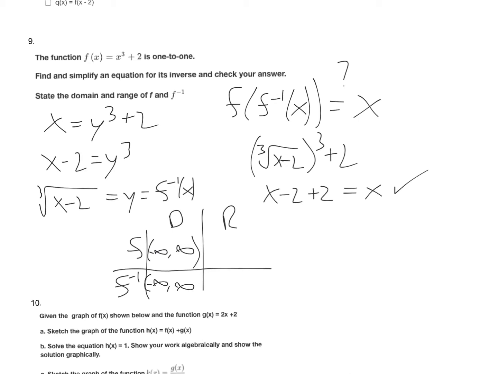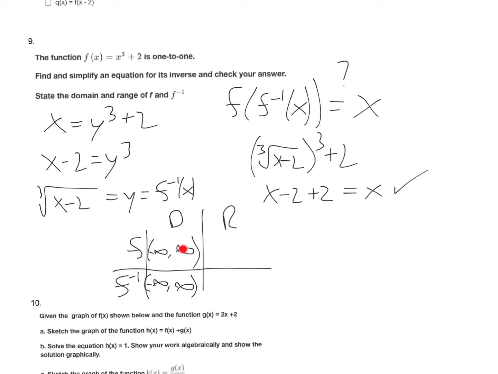infinity to positive infinity. And then for the range, it's just a matter of remembering the relationship between the original function and the inverse. The first thing we do is we switch our inputs and our outputs. We switch our x's and our y's. My domain is the rule for all the x's that this function gets.